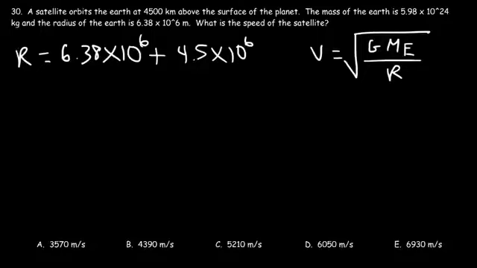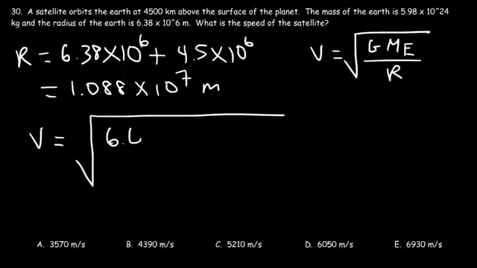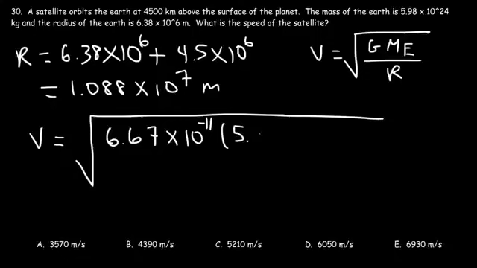So if we add these two numbers together, this is 1.088 times 10 to the 7. Or you could say 10.88 times 10 to the 6. It's the same. So now we can calculate the speed of the satellite. So G, the universal gravitation constant, is 6.67 times 10 to the minus 11. The mass of the planet is 5.98 times 10 to the 24 kilograms.